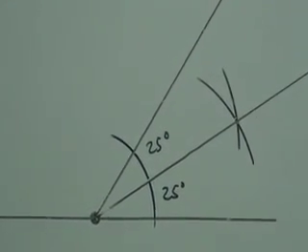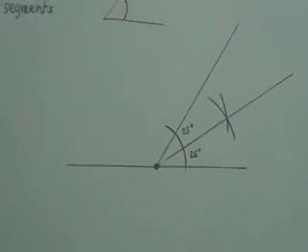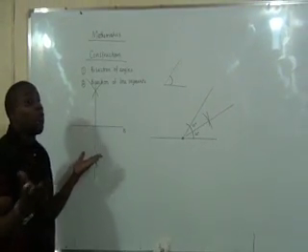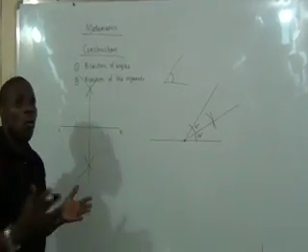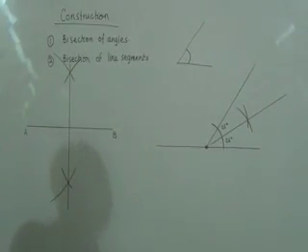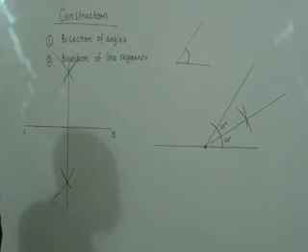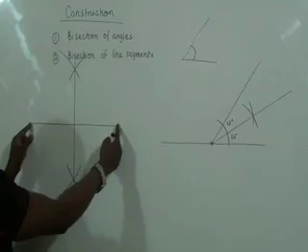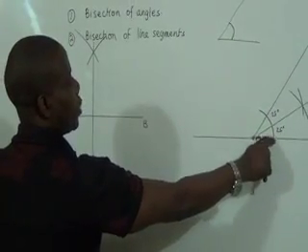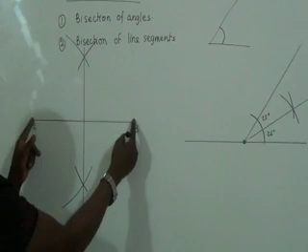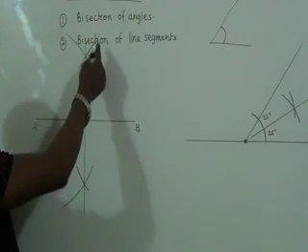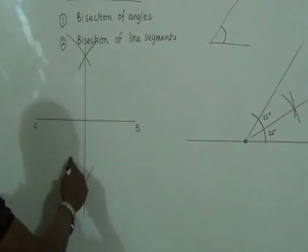And we also talked about bisection of line segment. How did we do that? We drew a line. We didn't even talk about the length of the line, but we just drew a line. What did we want to do with the line? We wanted to bisect the line, to draw the line bisector. So how did we do that? The 2 limits, A and B, just as what we did when we were bisecting the angle, we used the limit. So we used these 2 limits, A and B, and then we put our needle end at A, then an arc, an arc up and down.